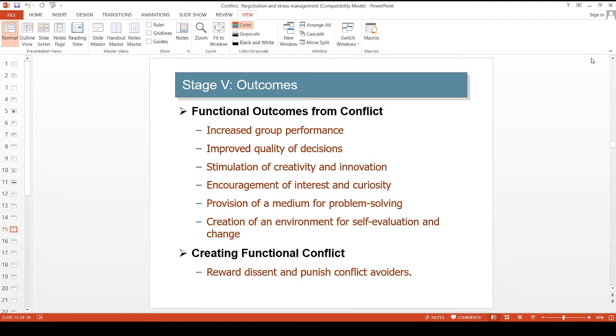It may stimulate creativity and innovation. It may encourage the interest and curiosity of the conflicting parties. It may provide a medium for problem solving. It creates an environment for self-evaluation and change. So these are the functional outcomes, which are desirable outcomes that most managers look for from the conflict process.